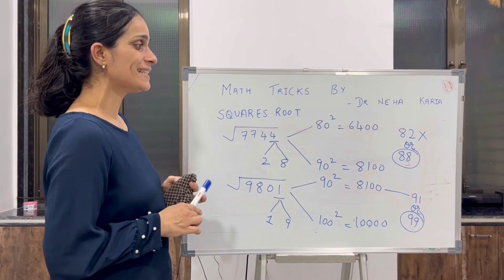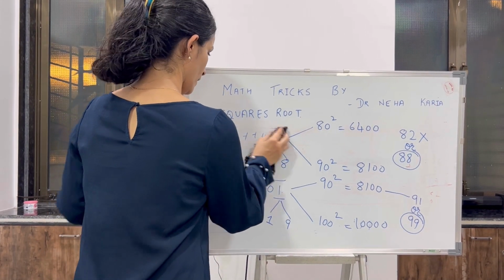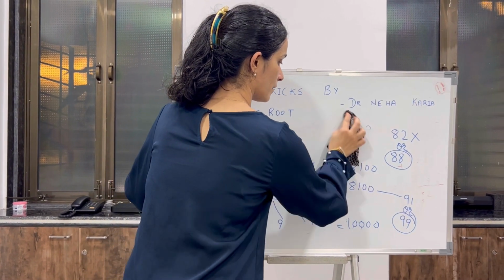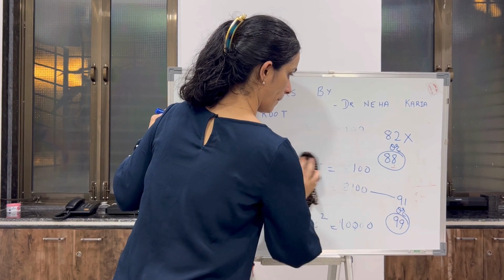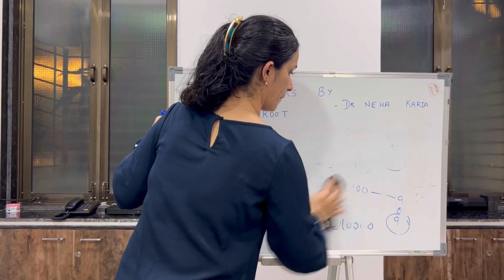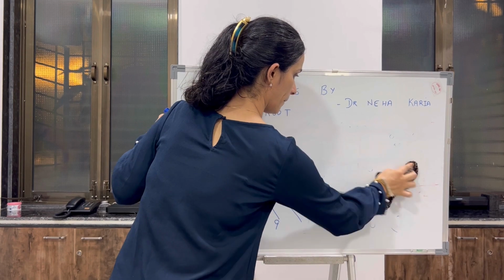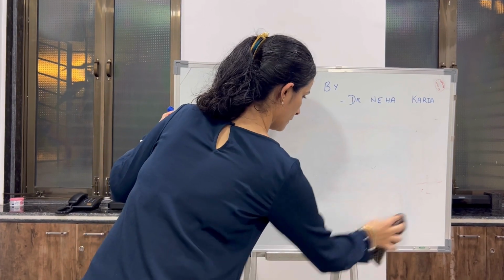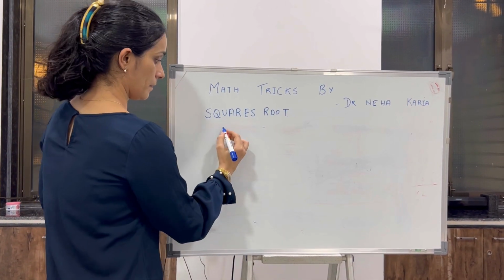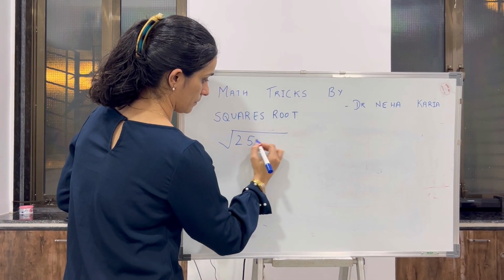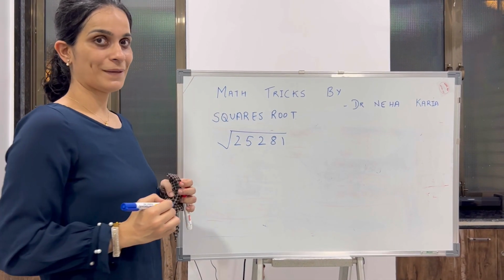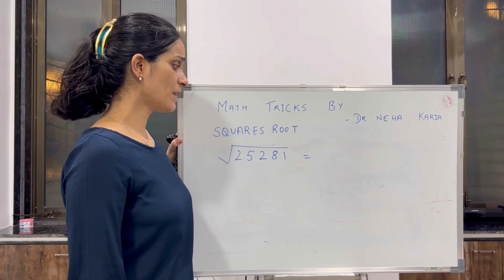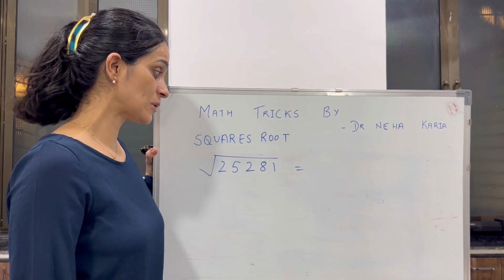Let's quickly take a 3-digit number. 25281. Come on, you can try with me. A bigger number than 100, right? Never mind, when we know these square tricks, we always remember squares up to 20 also.